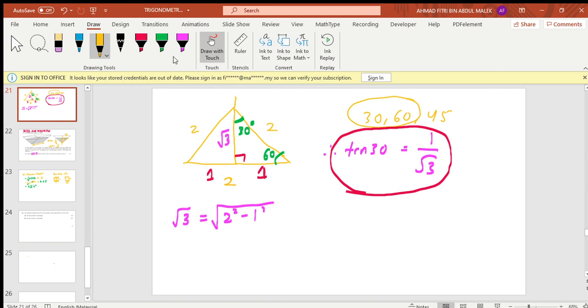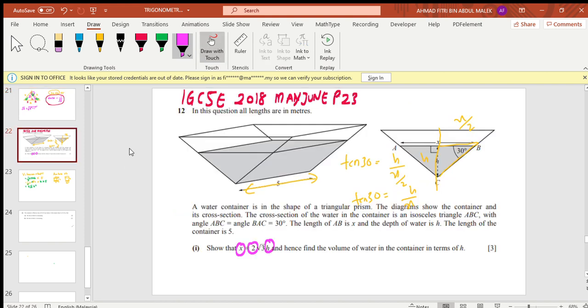Remember this is an equilateral triangle, therefore the angle at each vertex is 60 degrees, but because we cut the equilateral triangle into two, the angle becomes 30 degrees. So tan 30 degrees is opposite 1 over adjacent √3, so tan 30 degrees equals 1 over √3.